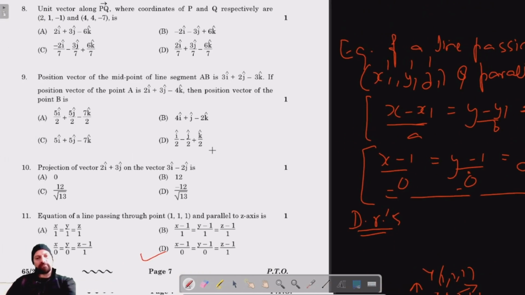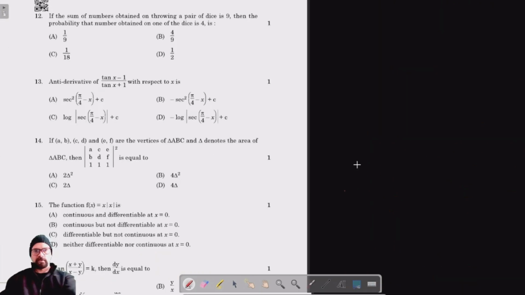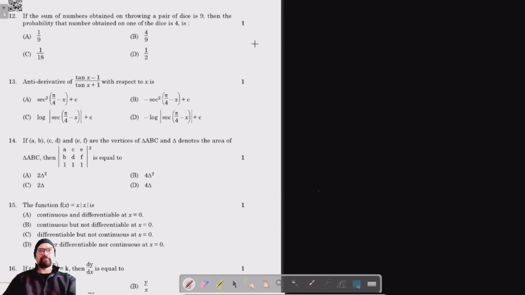Let's move on to question number 12. For question number 12, it's given: if the sum of the numbers obtained on throwing a pair of dice is 9, then the probability that the number obtained on one of the dice is 4 is.